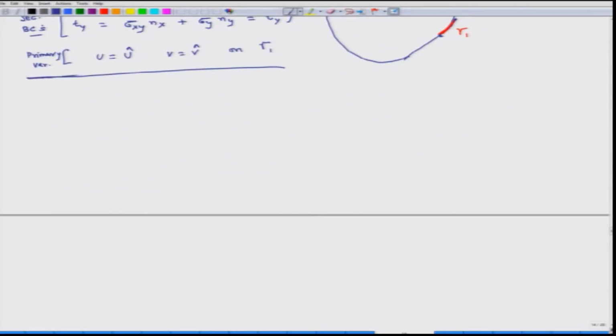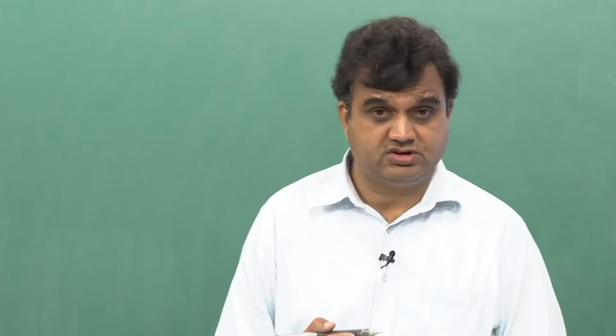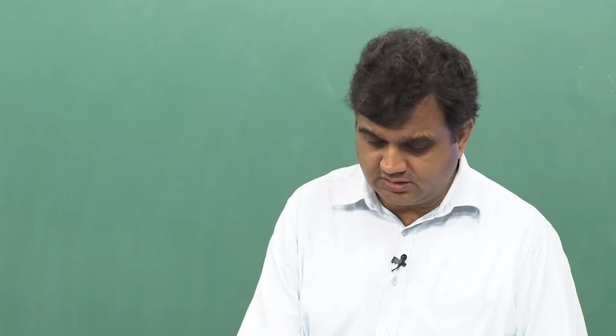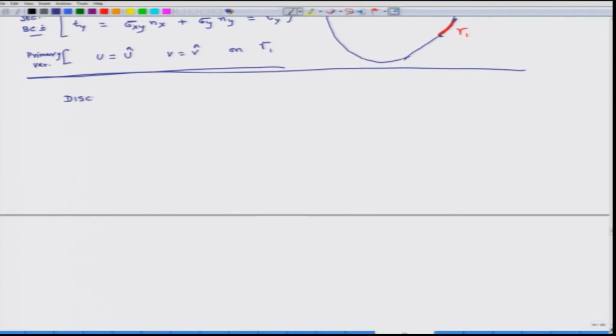Now we will start developing a finite element solution for this problem. And what is the process? What is the first step when we start doing finite element solutions? We discretize the domain. Second step is we develop a weak form.